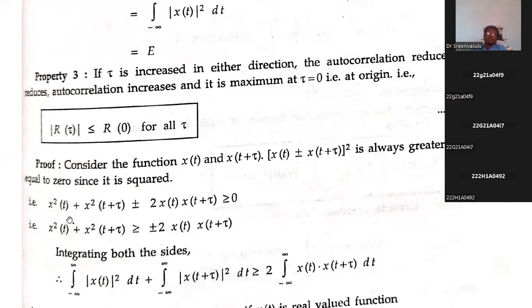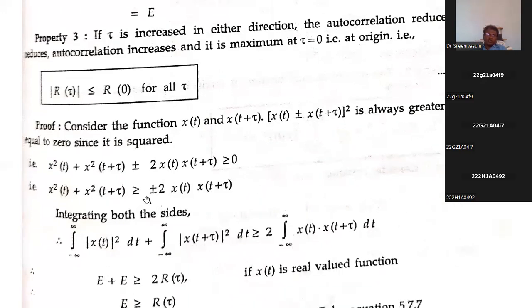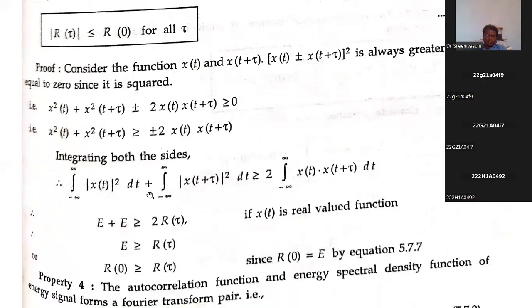So that is what we are representing here. Whole square means x square of t plus another signal x square of t plus tau, and plus or minus 2ab, that formula is greater than or equal to 0. And then we can write it as greater than or equal to plus or minus this term. If we apply integration on both sides, with interval from minus infinity to plus infinity with respect to t, what is this?